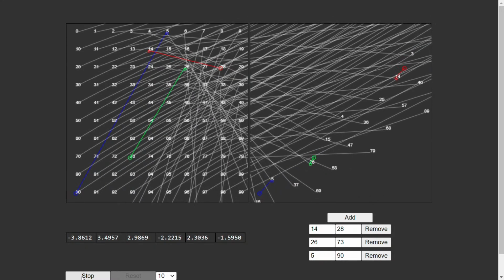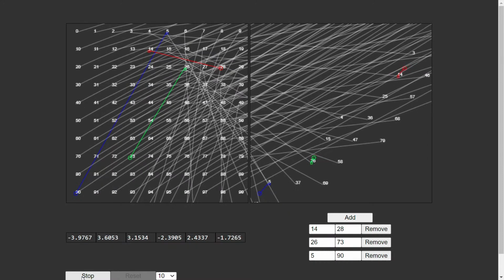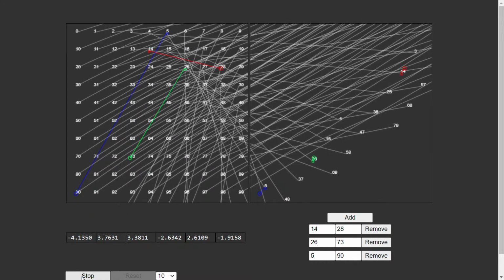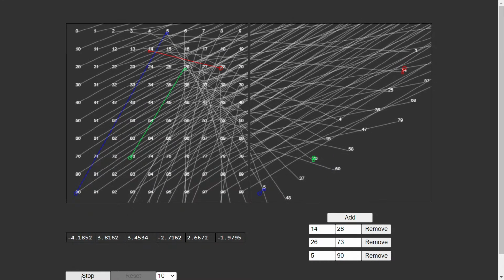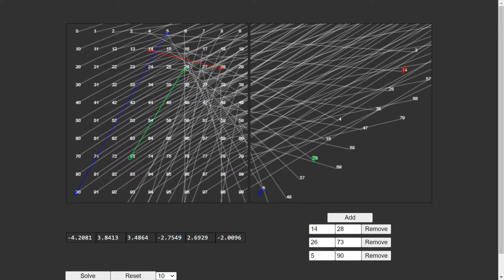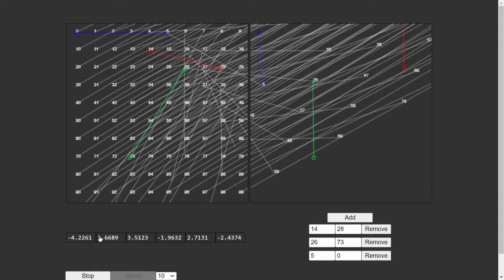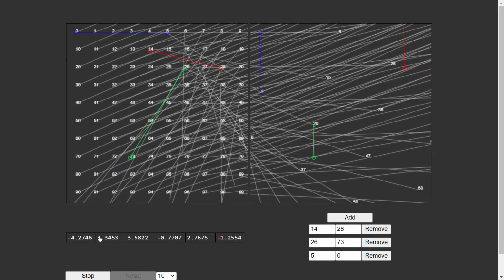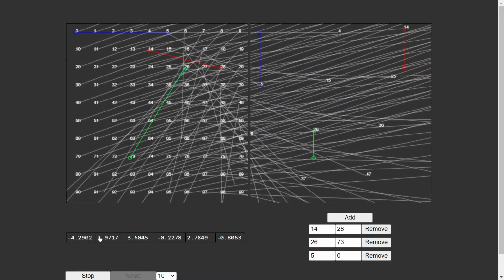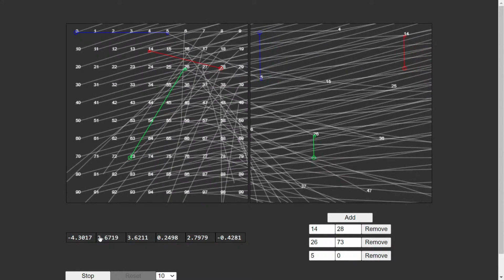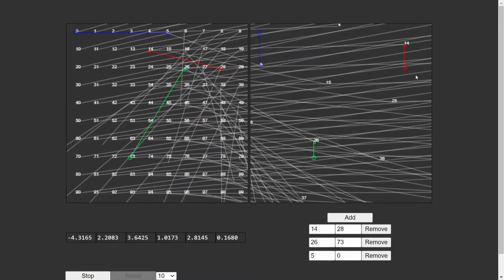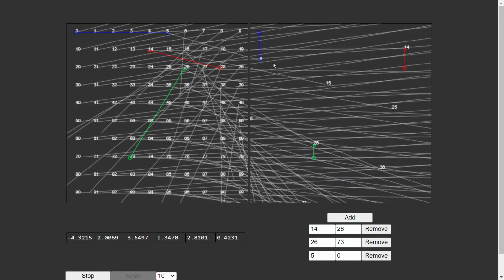Oh, no. Okay, what about if 5 has to go to 0? Yeah, it looks like... But you can kind of see it's already solved on the x-axis. The x points are correct already.